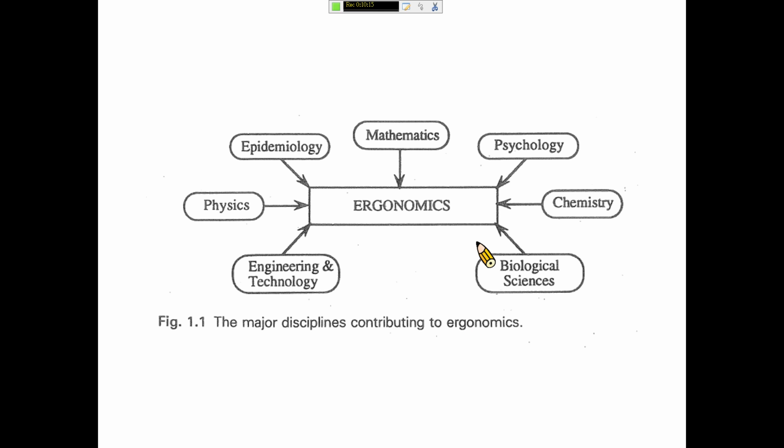To actually do research into ergonomics, it requires many different areas.